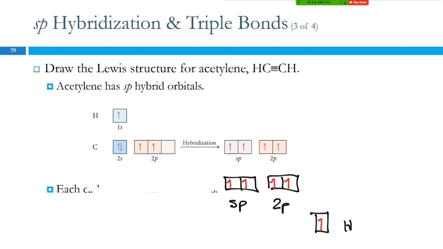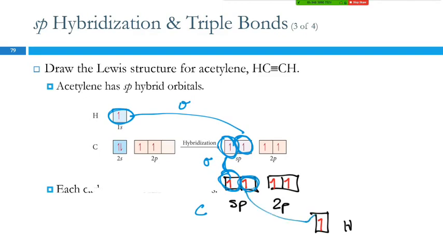So the sp orbital of one carbon can overlap and form a sigma bond with an sp orbital of the other carbon. This is the other carbon. And this sp orbital will overlap with the hydrogen and form a sigma bond. And this will overlap over here and form a sigma bond.